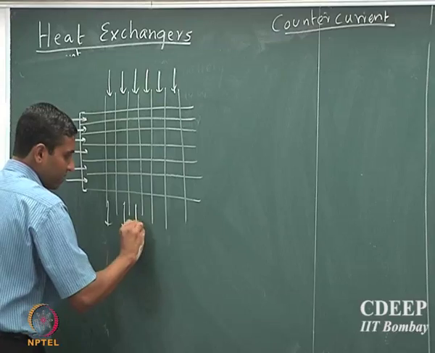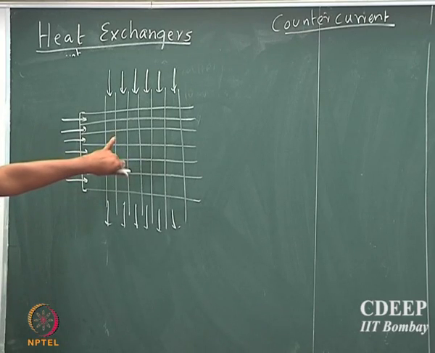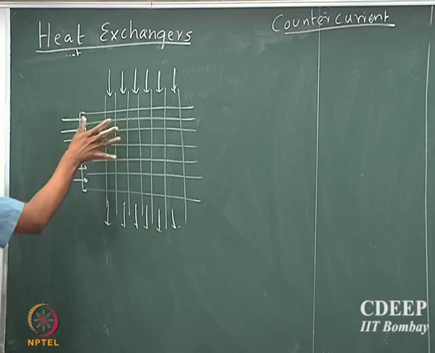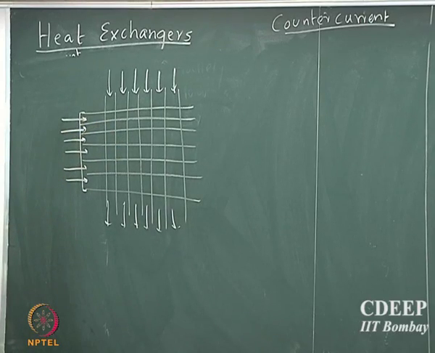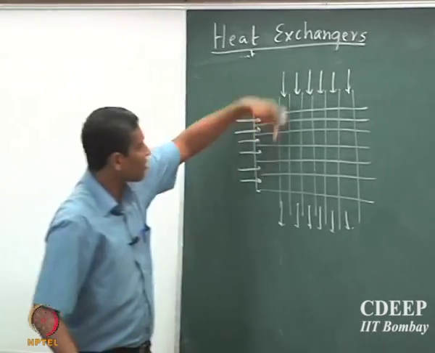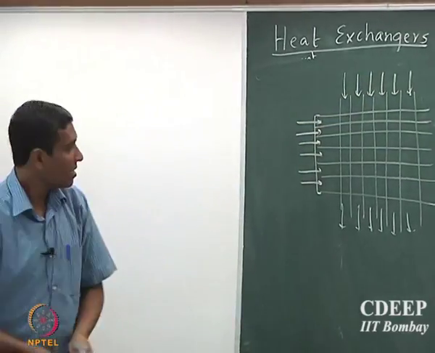which is actually flowing through the other matrix, okay, and it's designed in such a way that they are not mixing with each other. You must remember that it's a three-dimensional array, okay, it's not a two-dimensional array. So you make sure that the tubes are aligned in such a way, the slots are aligned in such a way that the fluids don't mix with each other, okay.